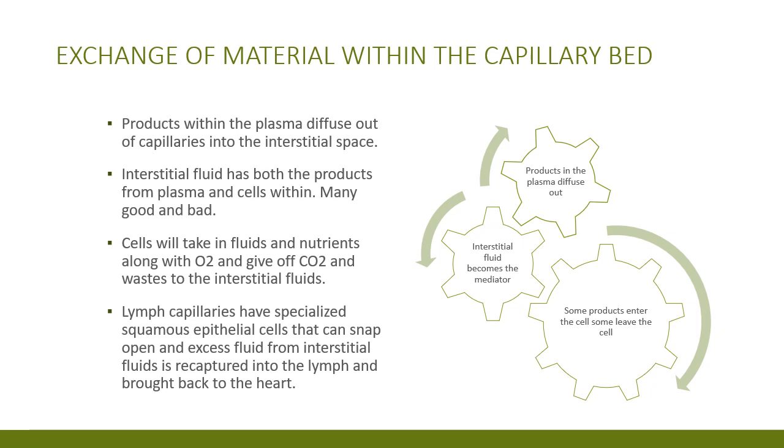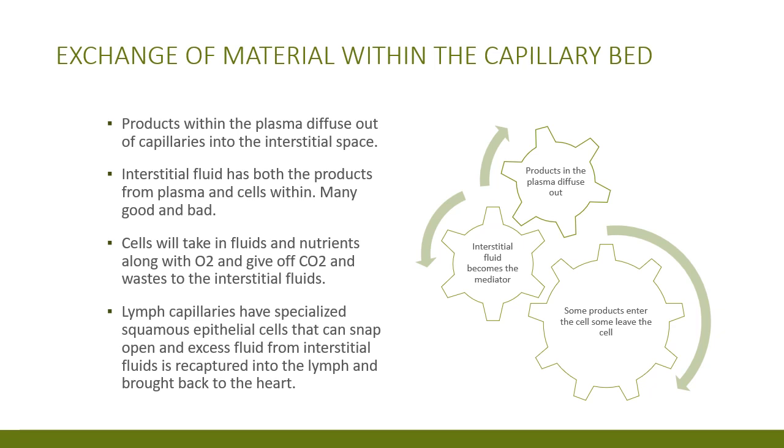So if there's not enough oxygen inside the cell, that oxygen that diffused out of the plasma into the interstitial spaces will come into the cell, right? And if the cell had released CO2, that CO2 would go into the venous system and the lymphatic system, let's say. And then the waste will come out and go into those systems as well. And then the lymph will carry all the bad stuff.